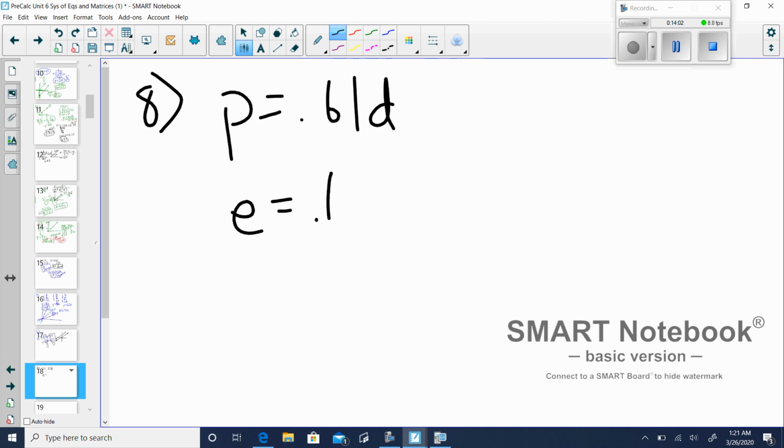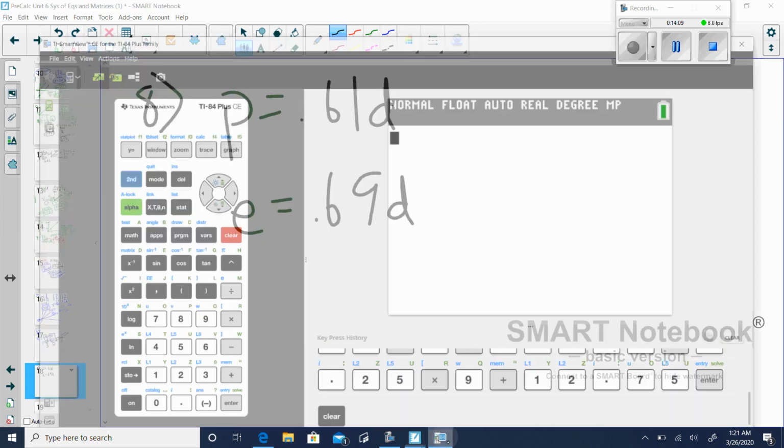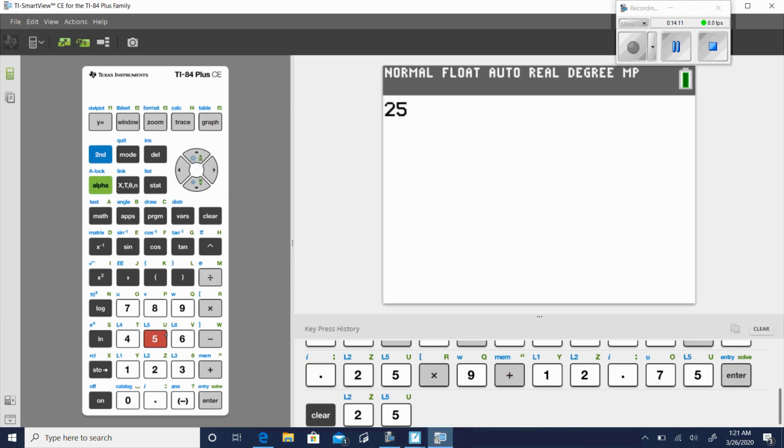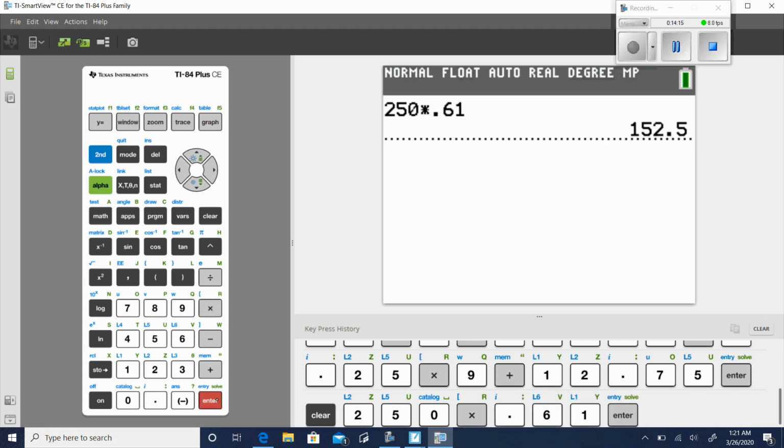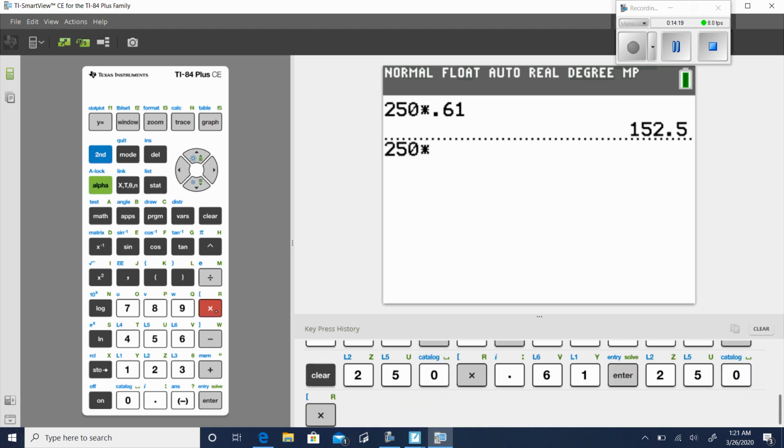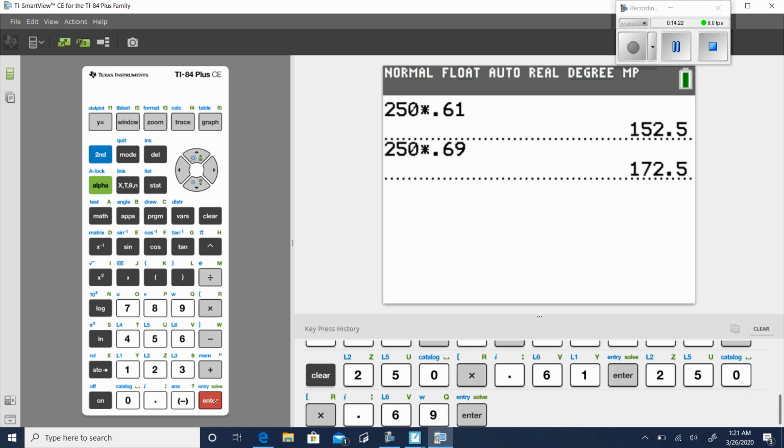So euro is 69/100ths of a dollar. So if we want 250, so 250 times 0.61, it'd be 152.5 British pounds. And if we want 69/100ths euros per dollar, 172.5 euros. That's answer choice A. 152.5 pounds, 172.5 euros.